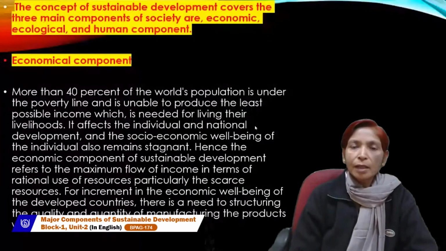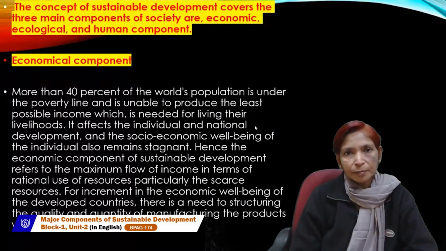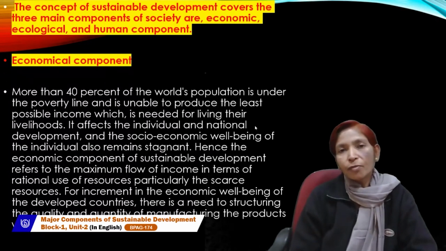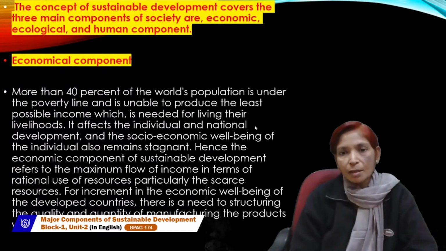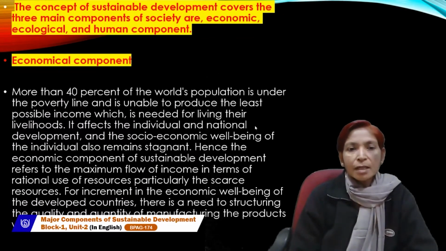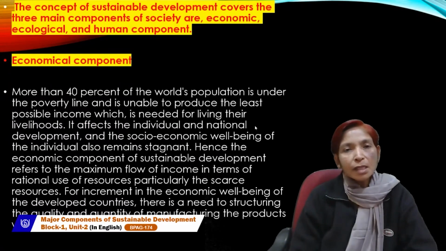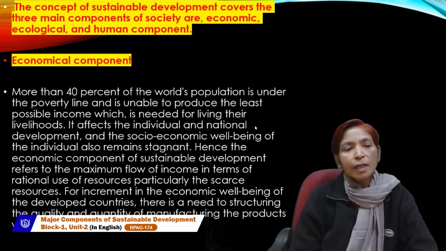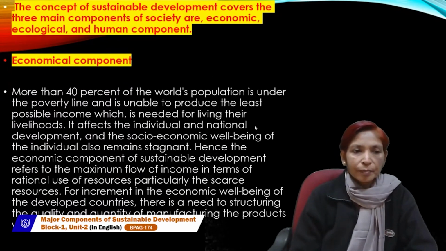And poverty is really a curse for each and every person. In the whole world, at present, about 40% of the world population is still under the poverty line and is unable to earn the least possible income needed for survival and livelihood.